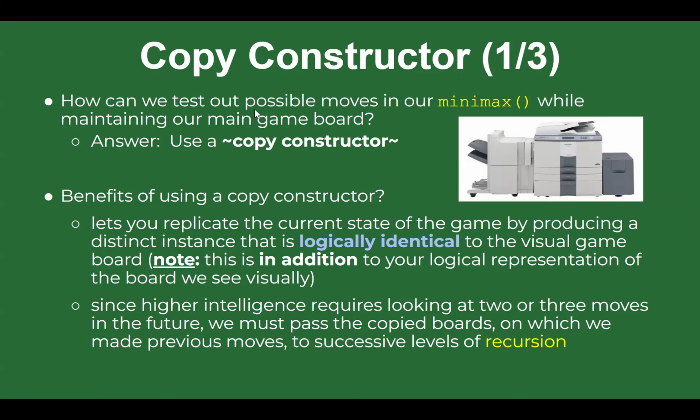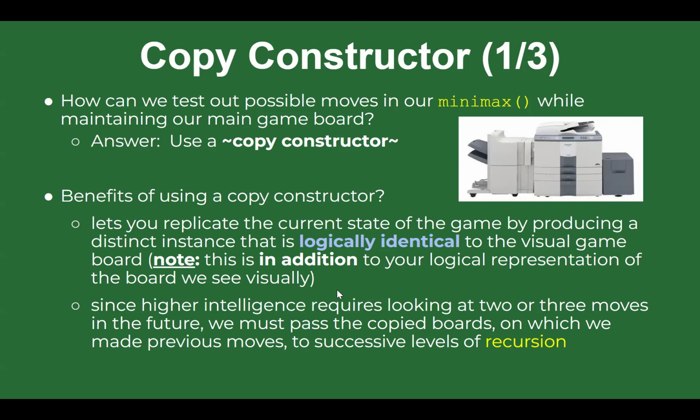So how can we test out possible moves in our minimax while maintaining our main game board? The answer is to use a copy constructor. The benefit of using a copy constructor is that it lets you replicate the current state of the game by producing a distinct instance that is logically identical to the visual game board. As a note, this is in addition to your logical representation of the board we see visually.